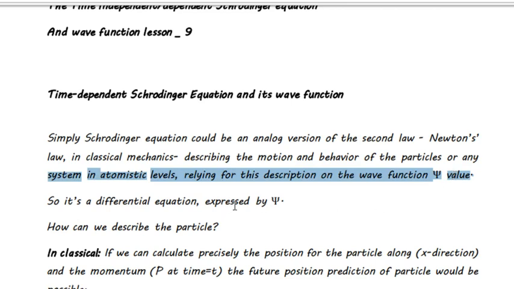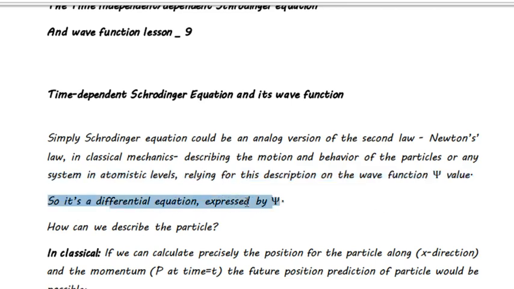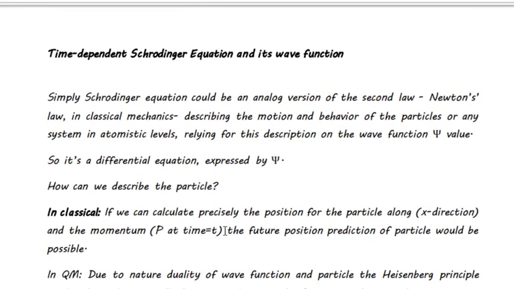The Schrodinger equation itself is a differential equation. Through this Schrodinger equation we are expressing the wave function, which itself describes the behavior, the nature and the movement of the system, which could be particles, atoms, electrons, anything else that we are dealing with.